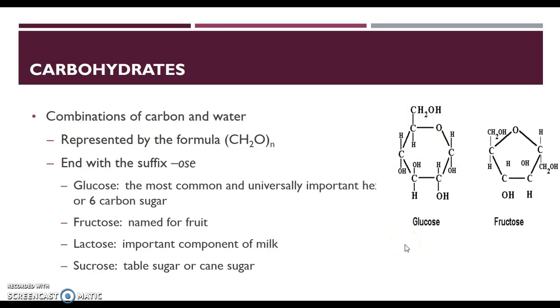Glucose is a 6-carbon sugar, or a hexose, and it is the most common carbohydrate monomer, used by our cells during cellular respiration to produce energy. It is also the sugar that is produced by plants during photosynthesis.